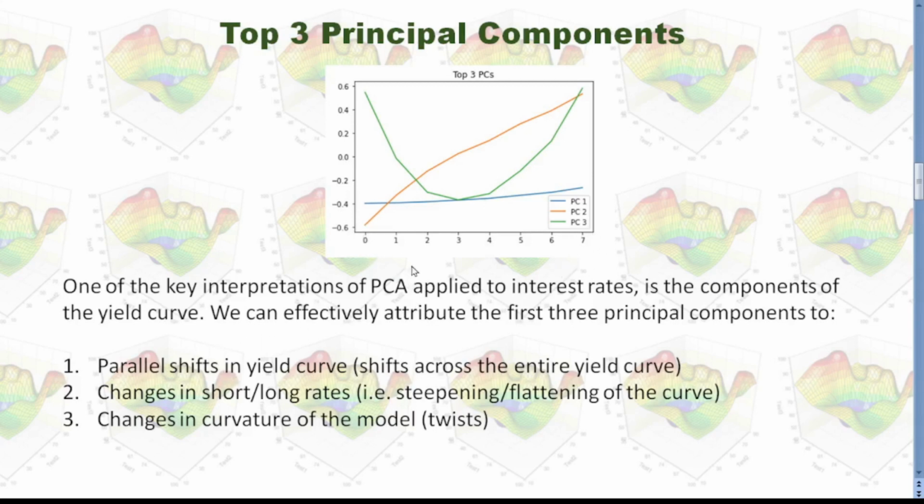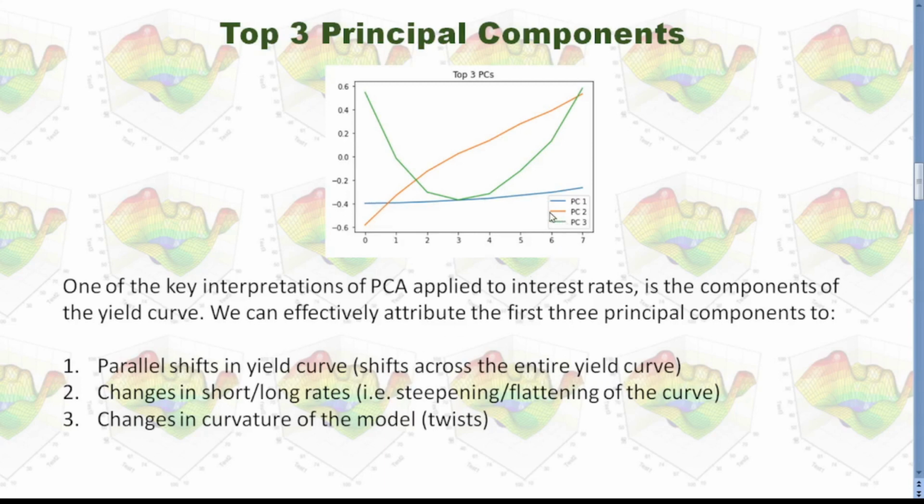And when we check the first principal component, this one, you can see this stands for a parallel shift in the yield curve. So it's the shift across the entire yield curve.